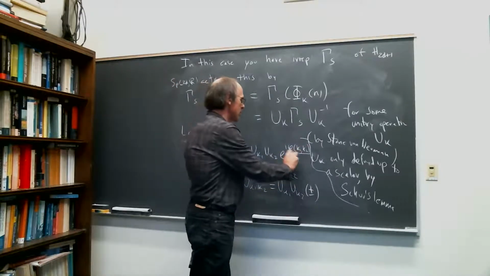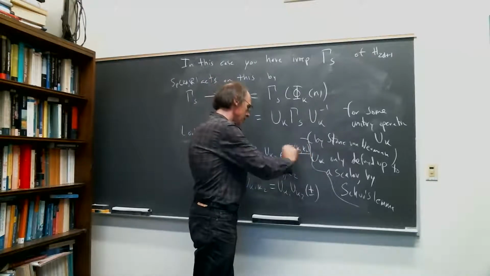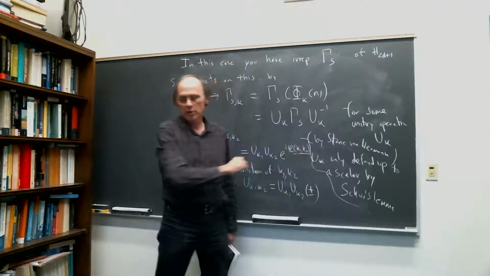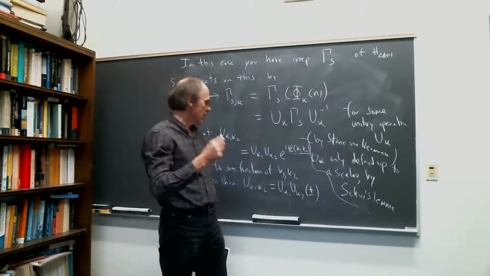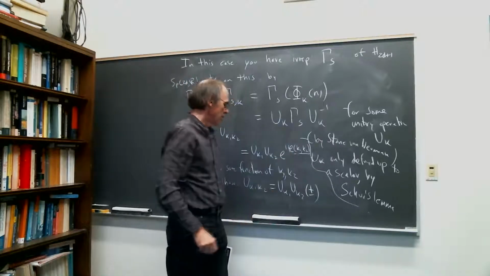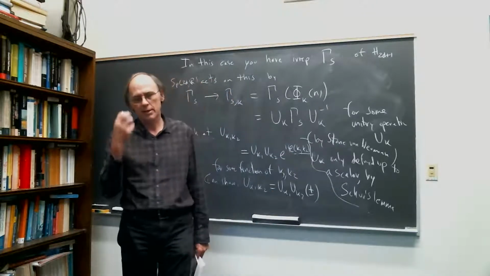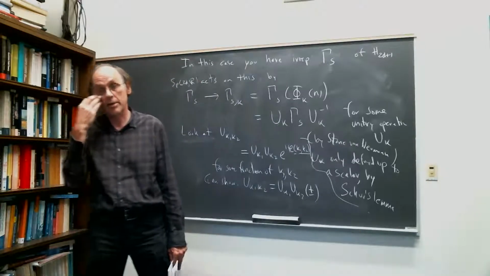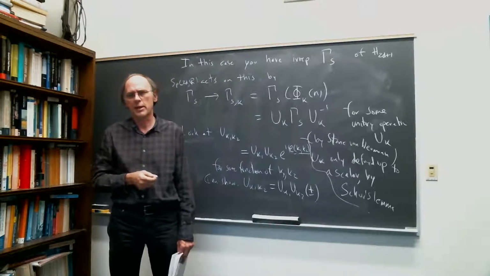This is now a function. It can be an arbitrary real number, and you end up with a new phenomenon, which I'll try to talk a little about next semester. The physicists call it the anomaly.